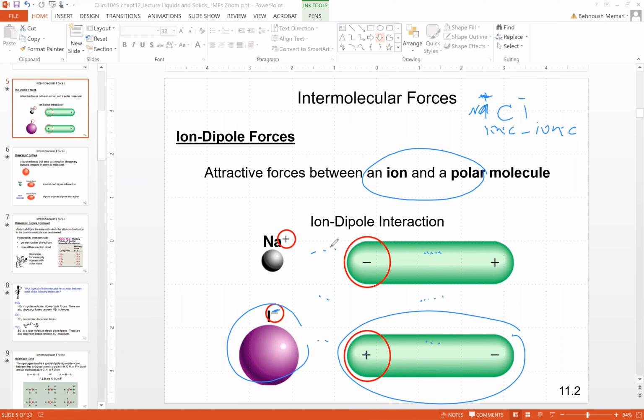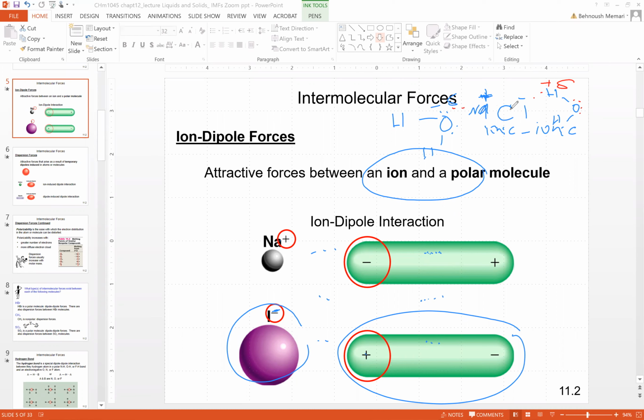Like sodium chloride dissolves in water because water can go from the oxygen side and attract the sodium ion, because you have a negative side for the oxygen here, a pair of unshared electrons, and then the hydrogen side of the molecule is positive. We talked about this, the water molecule is polar, so there would be attraction here as well.